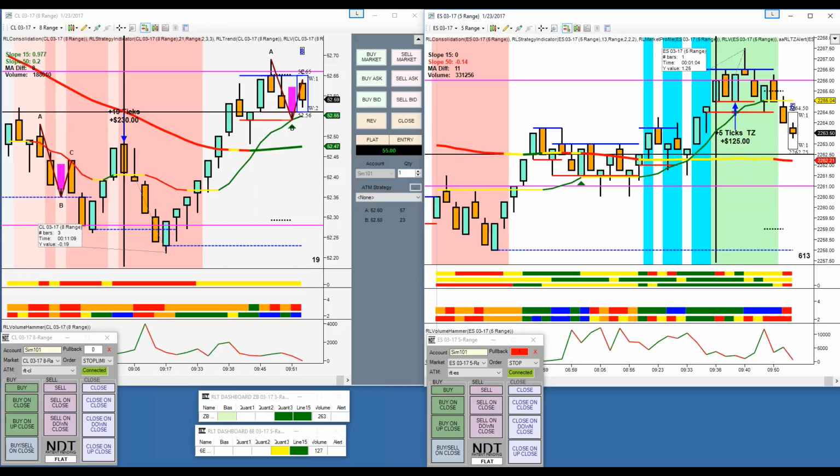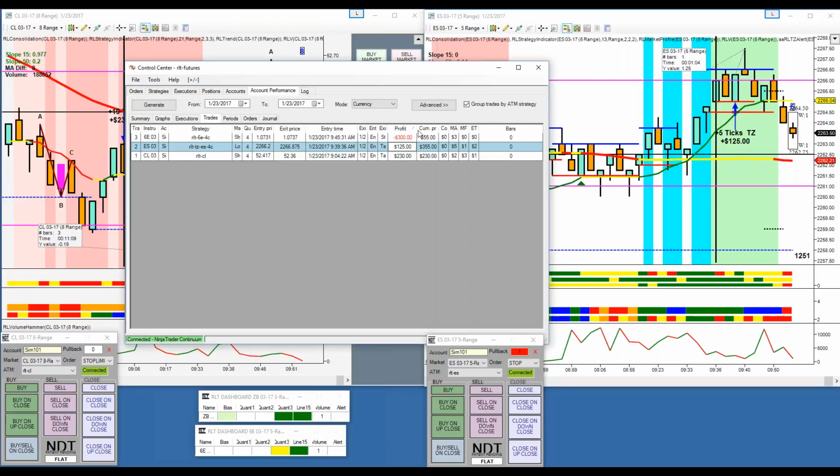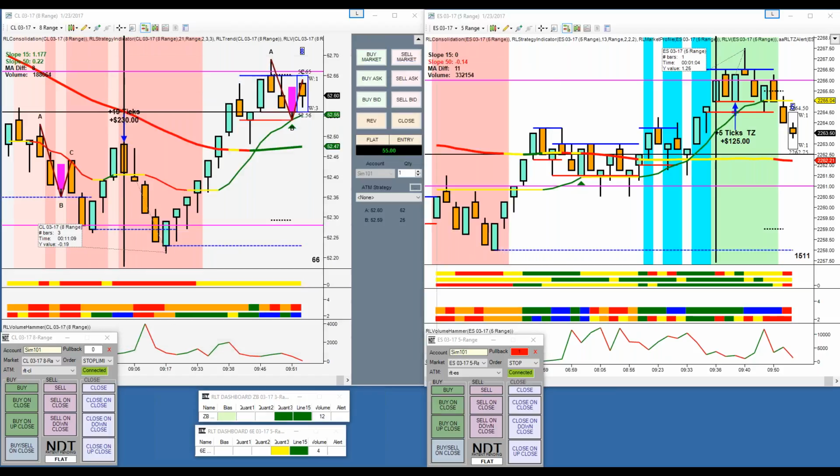At the end of the trading session, through the use of the control panel, we can segregate them out. Let's look for a B candle on the E-mini.